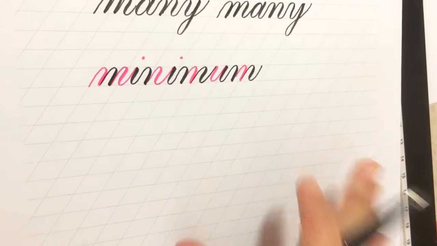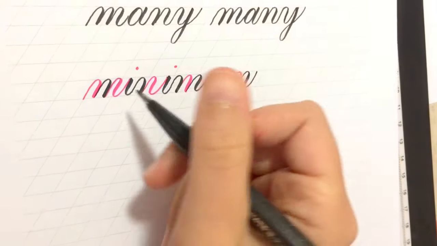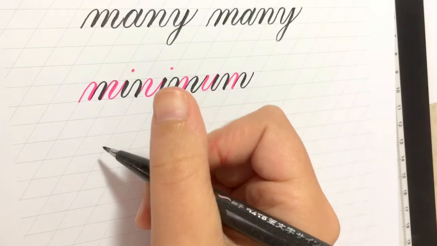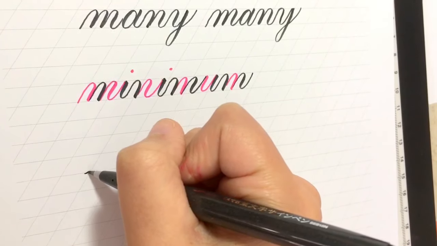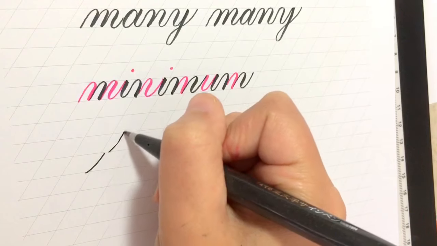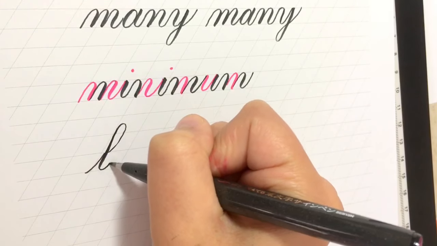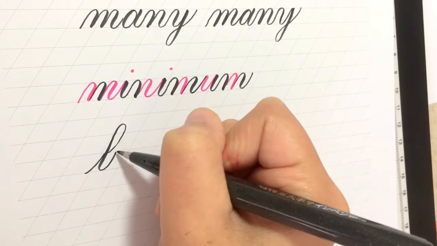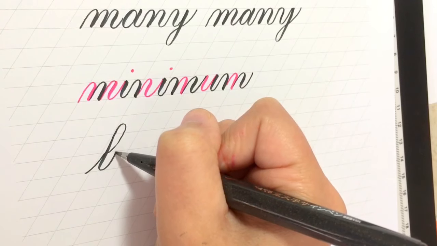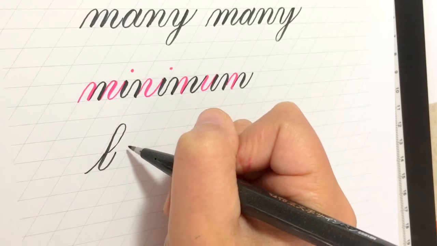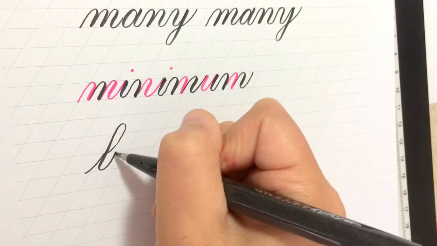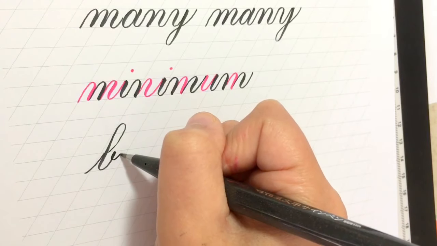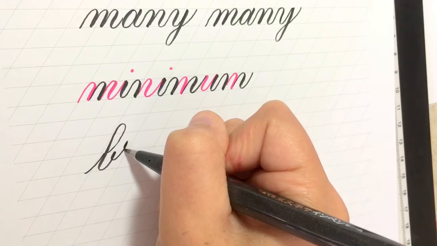So I'm going to write the word brush, as in brush lettering. Okay, so this B, we make this underturn shape, and I'm going to make the variation of the R that comes up above the header line, like this.